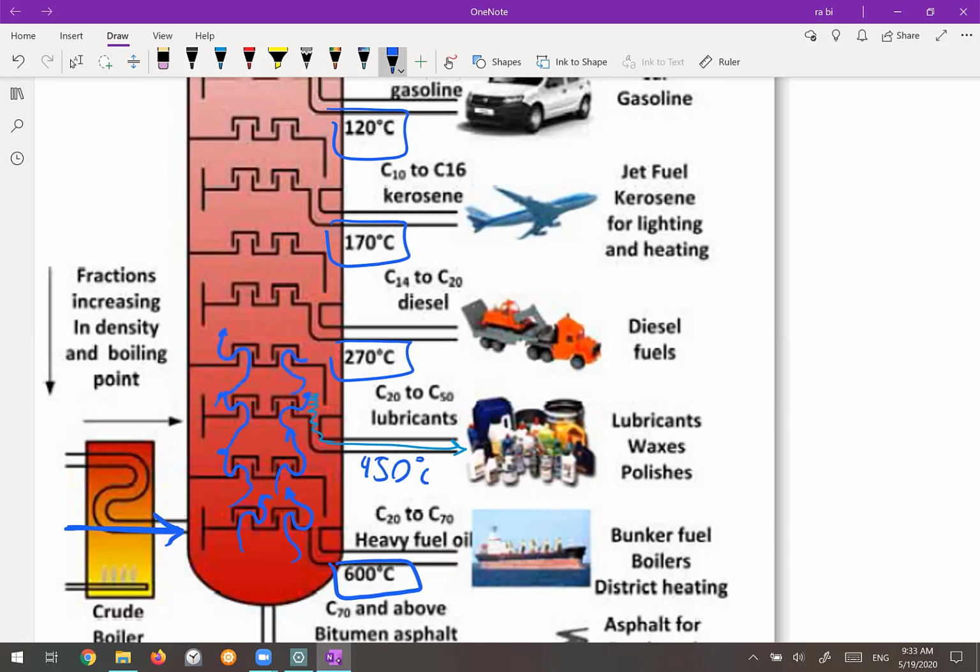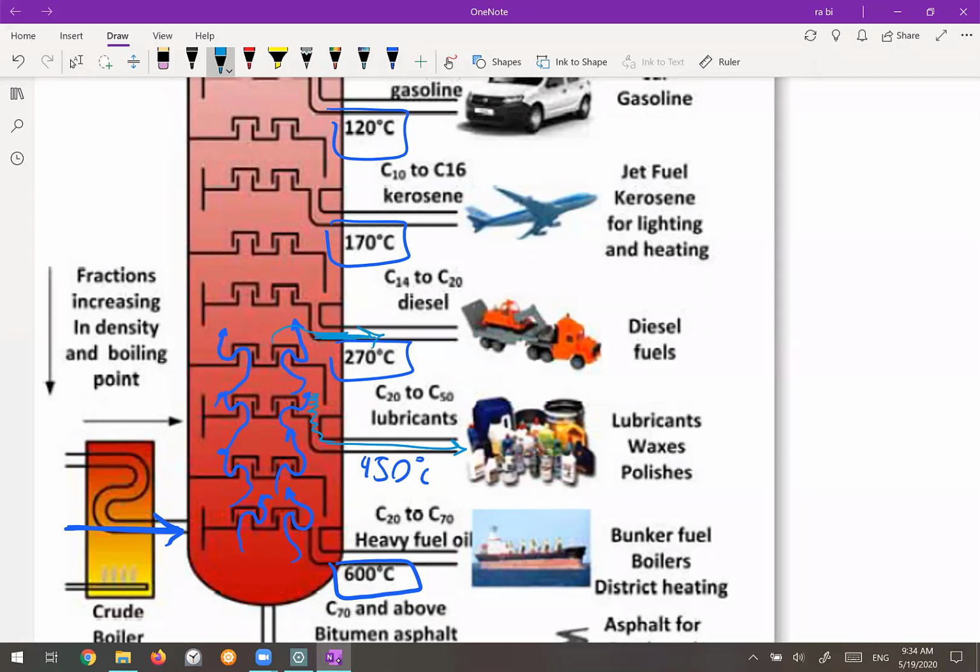What happens when they go one level up? Again, the temperature drops from 450 degrees to 270. Now again, the temperature is below the boiling point for some of them, so they liquefy here and come out from this part.